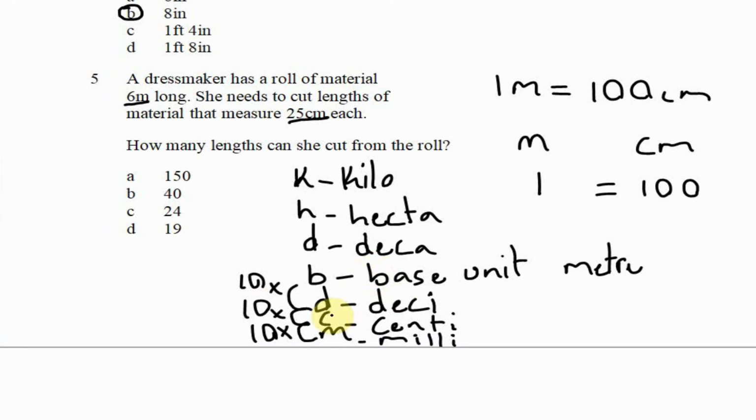In other words, how many moves does it take to go from the centi to the base unit? Every move is 10, so 10 times 10. We multiply by 10 twice, and 10 times 10 is 100. So that's how we know that it takes 100 centimeters to get 1 meter.